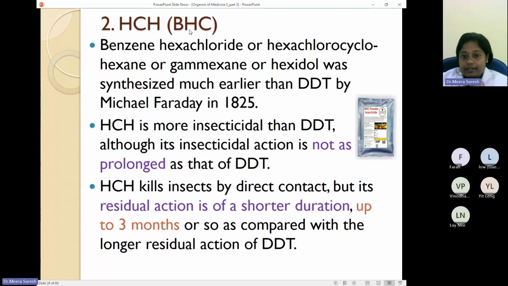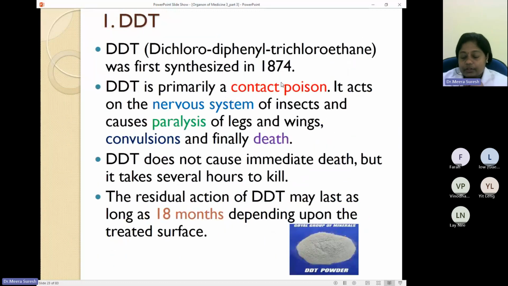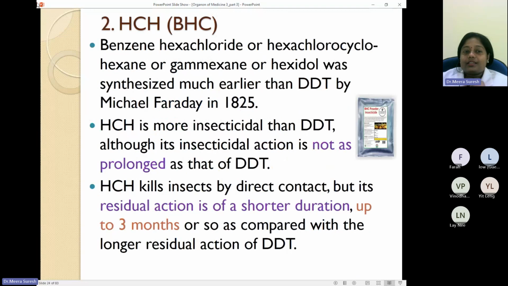HCH, as I already told, was synthesized by Michael Faraday, much earlier than DDT, that is by the year 1825. And DDT was actually in 1874, right? So almost 50 years later, DDT was synthesized.